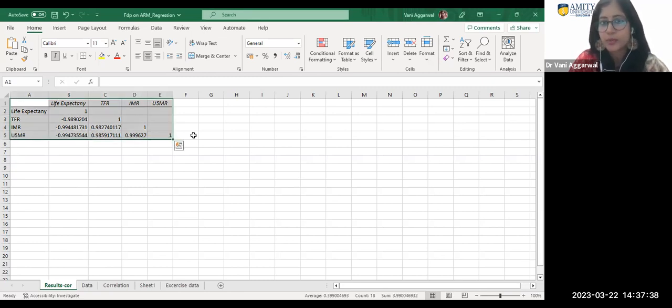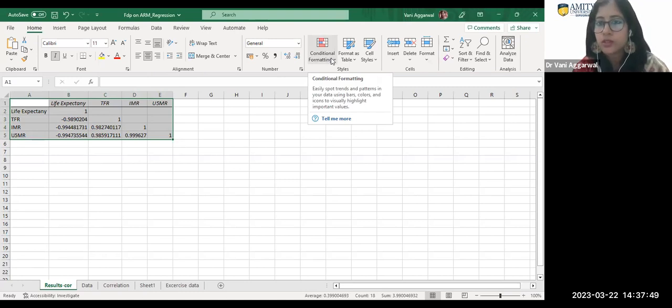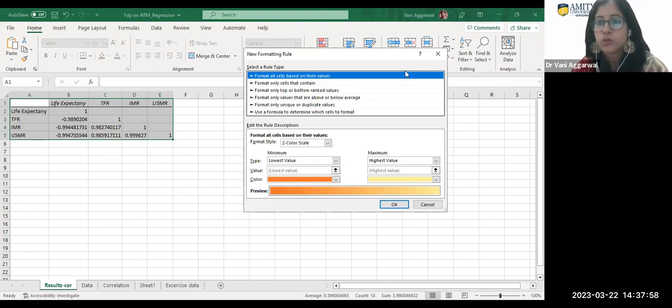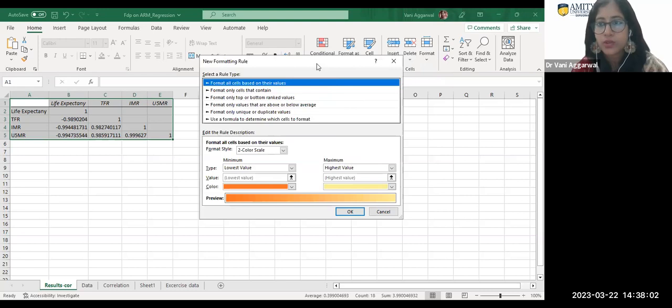So select this table, then go to home, and there it is, conditional formatting. Under conditional formatting, if you click, there is an option of new rule. All of you, please be with me. If you're not with me, I can repeat this step.